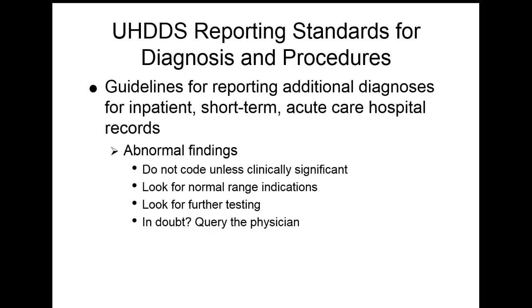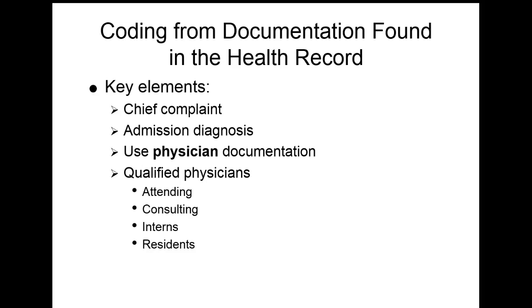Now I want you to turn to page 40. And we're going to talk about coding from the documentation that is found in that health record. Typically, when coders sit down and code a chart, they start with the discharge summary.